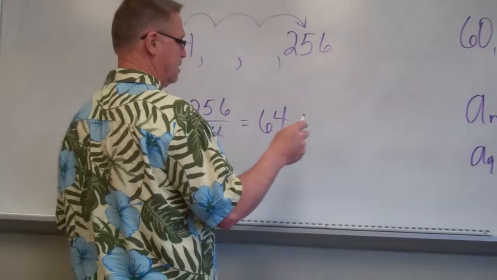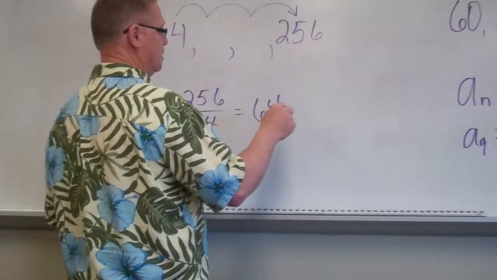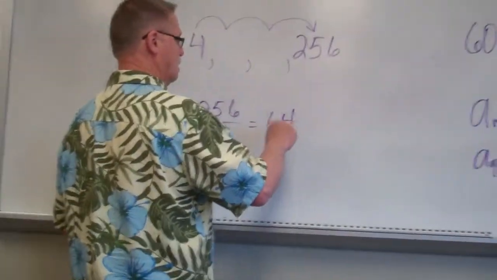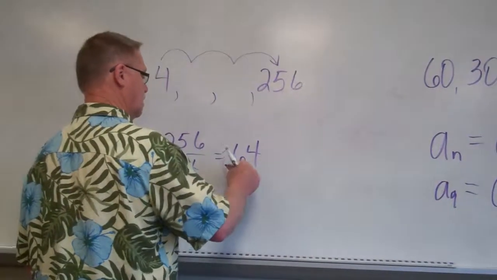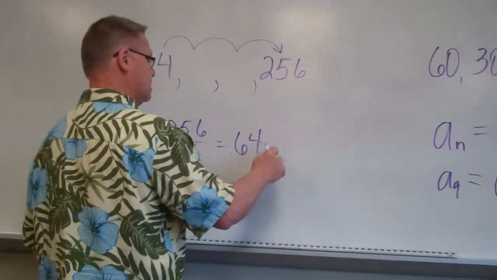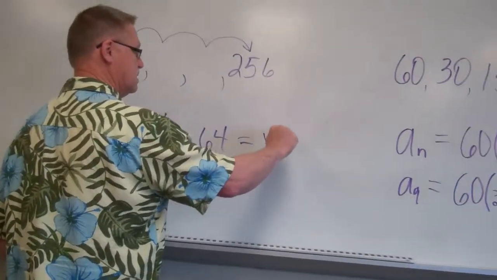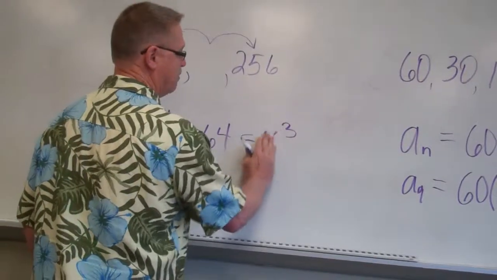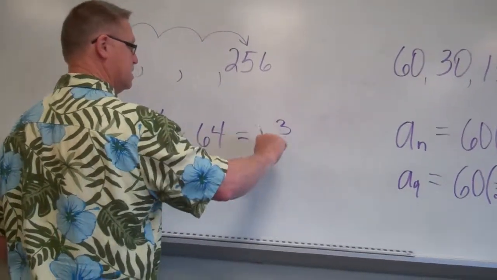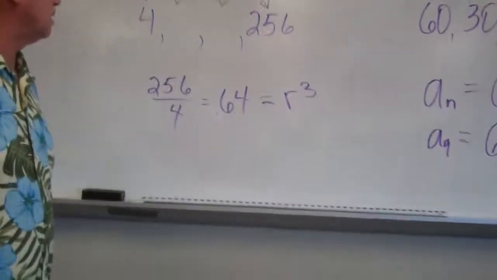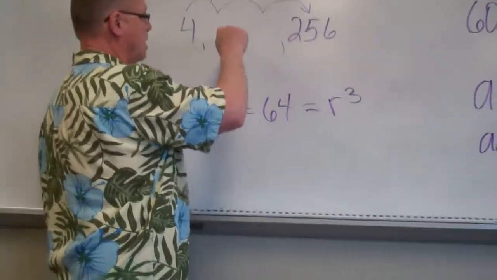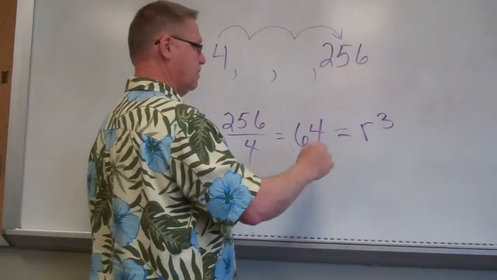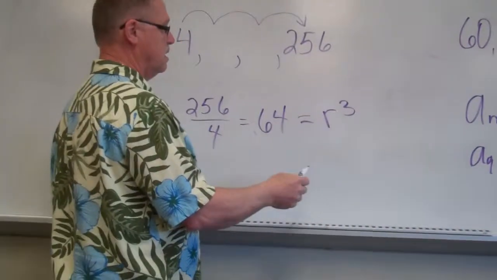Say that again. 64 is equal to some number, maybe I should use R for ratio. 64 is R cubed. 4 times R times R times R would be like 4 times 64.